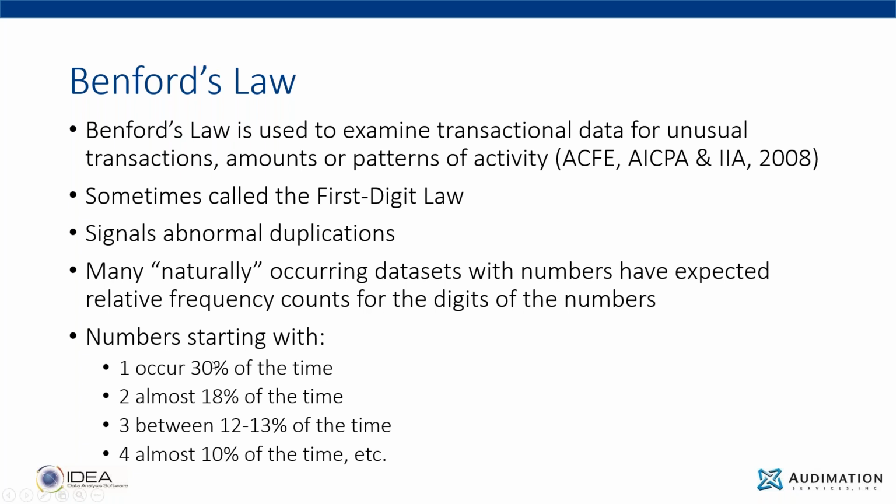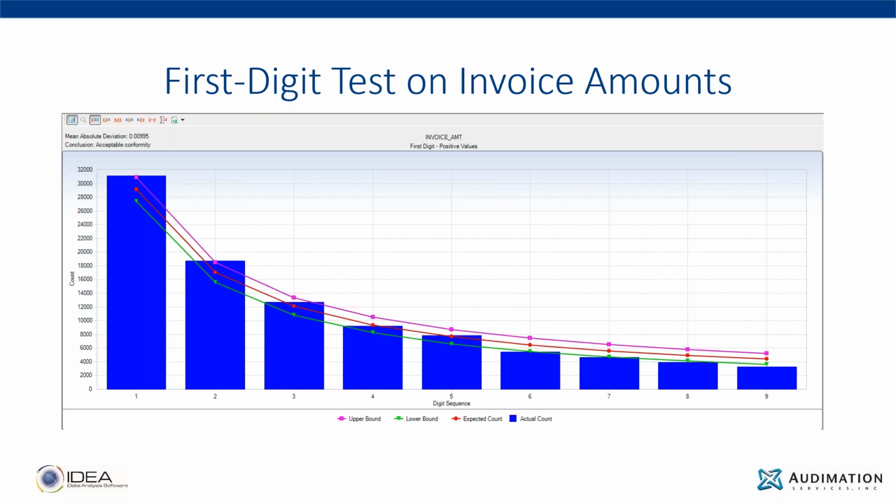So in data sets in general that conform to Benford's Law, numbers starting with 1 occur 30% of the time, numbers starting with 2 almost 18% of the time, numbers starting with 3 would occur 12 to 13% of the time, and 4 would occur almost 10% of the time, all the way on down to 9, which occurs about 4.5% of the time.